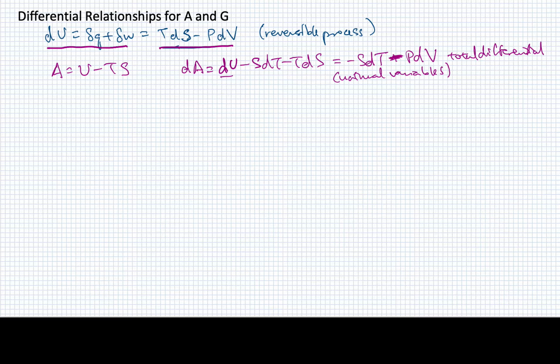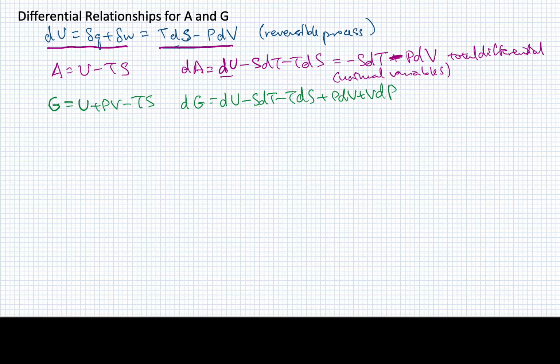Okay, now I'm going to do the same thing for the Gibbs energy. And the Gibbs energy, you may recall, is equal to U plus PV minus TS. So now when I write out the total differential for the Gibbs energy, I'll end up with dU minus S dT minus TdS, just as I did up here, but plus PdV plus VdP. All right, a lot of stuff to add up here, but we can already see that this thing is going to cancel with one of the elements of this, and this thing is going to cancel with the other element of that.